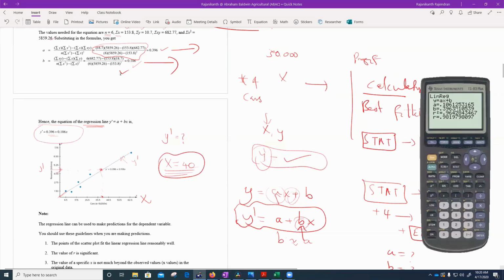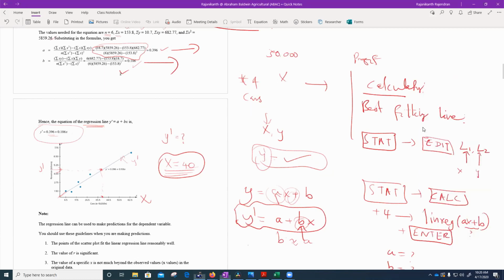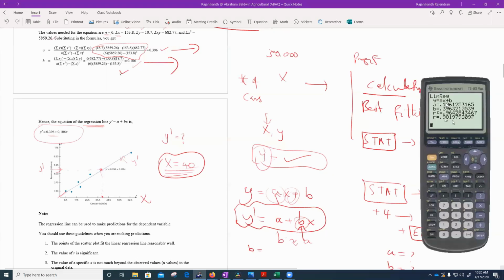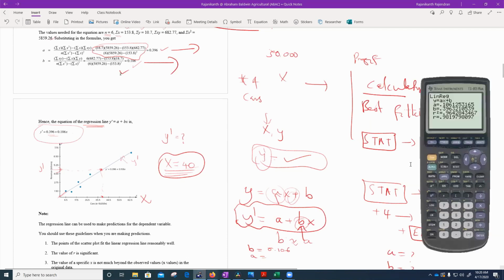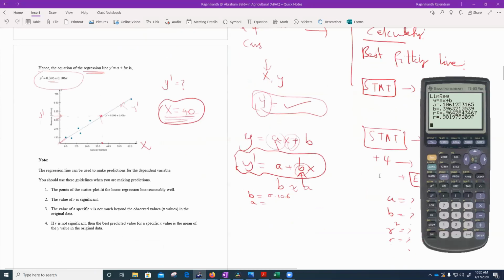So the calculator's a is basically my b value, and the b value is going to be my slope here. I need the b value for this formula, which is actually my a value from the calculator, that is 0.106. And my a value for the formula is actually the b value from my calculator, that is 0.396.